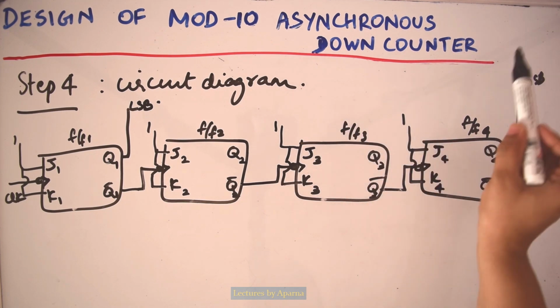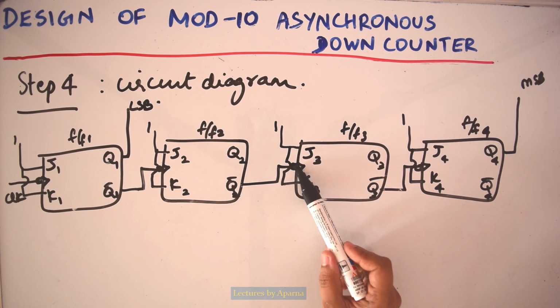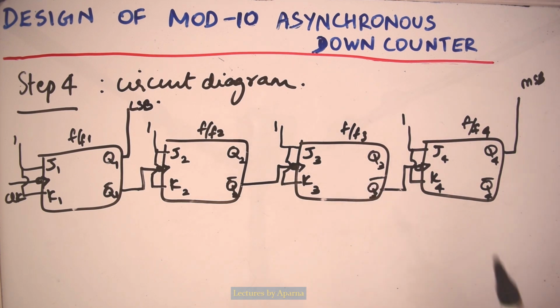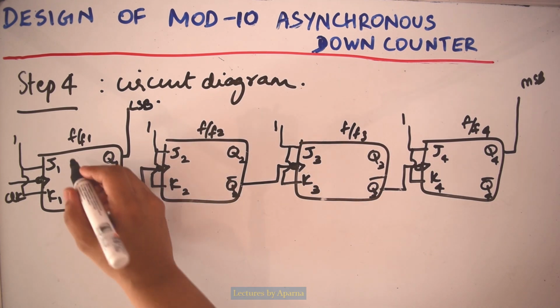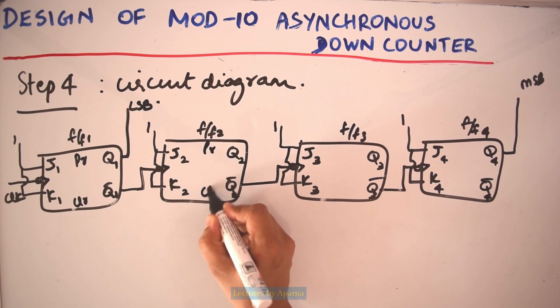This is the specialty of a down counter. For down counting you have to connect the Q bar as the clock, whereas for up counters it will be taken from this Q. Now let's see. What about preset and clear? There will be preset and clear.